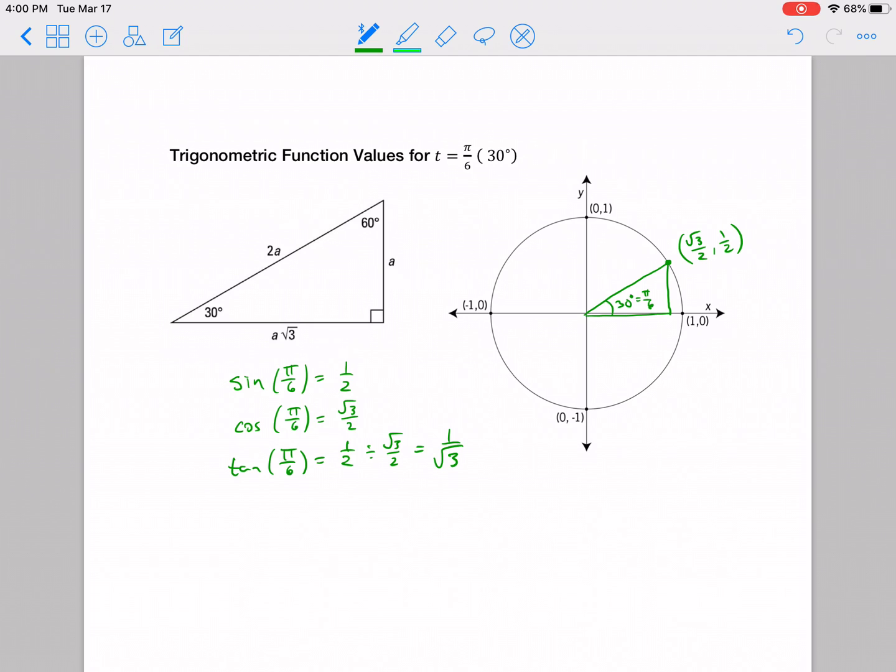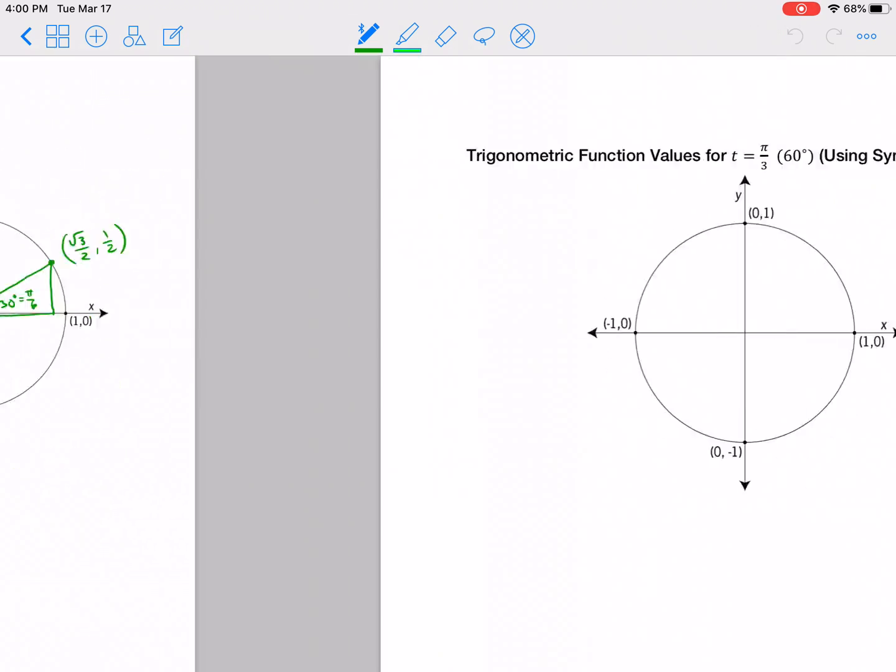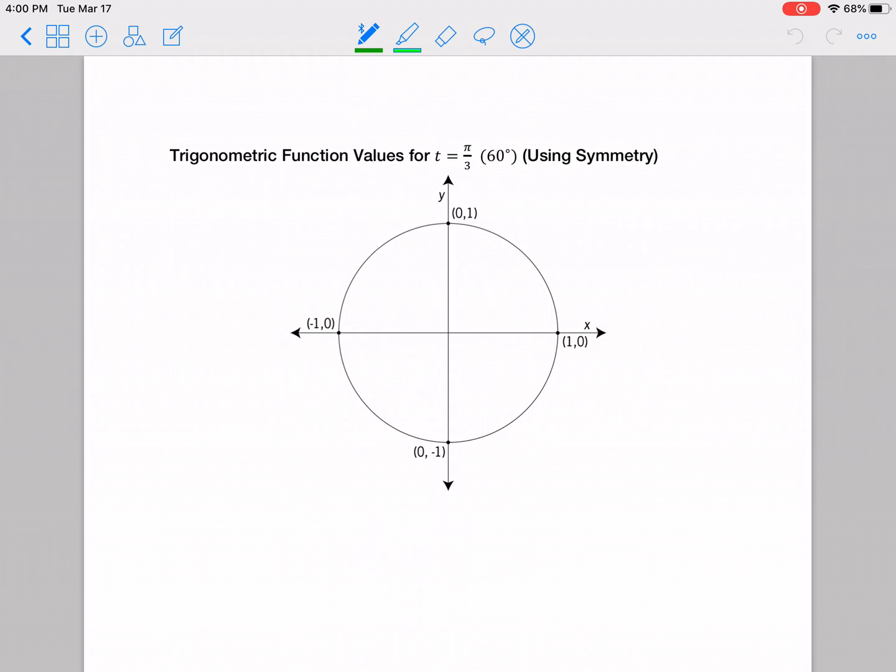Okay, so the next one is pretty much like that, but we can do 60 degrees. And at 60 degrees, we again have a 30, 60, 90 triangle, except this time this is 60 and this one's 30. And so it's going to just reverse our results. Instead of getting square root of 3 over 2 and then 1/2, we're going to get 1/2 then square root of 3 over 2.